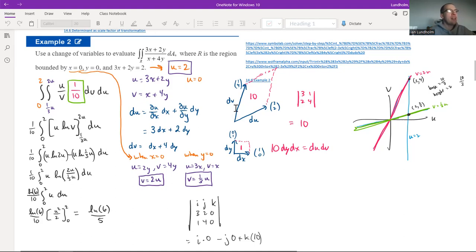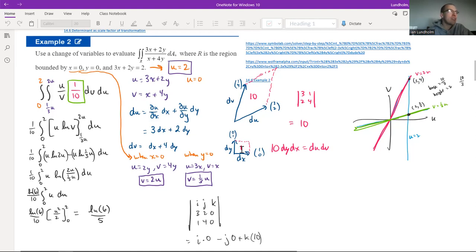And we drew this parallelogram out in space because if dx and dy were kind of our standard basis vectors, i hat and j hat, du and dv would look like this because they are linear combinations of dx and dy. And areas in this new space would be scaled by 10.